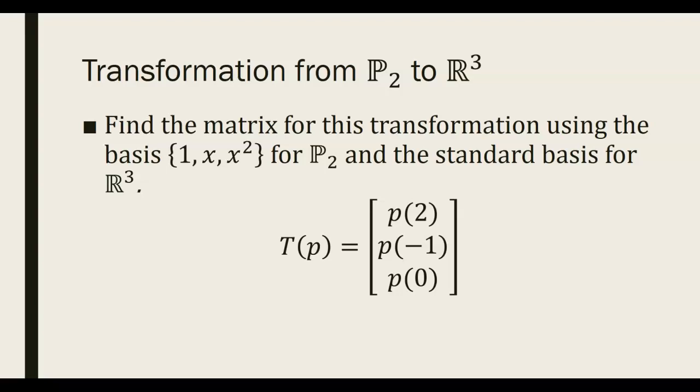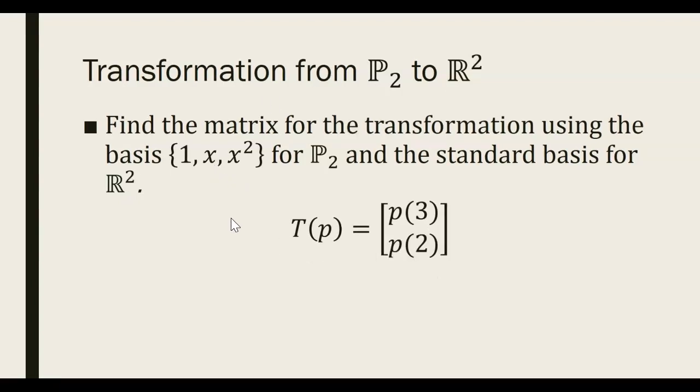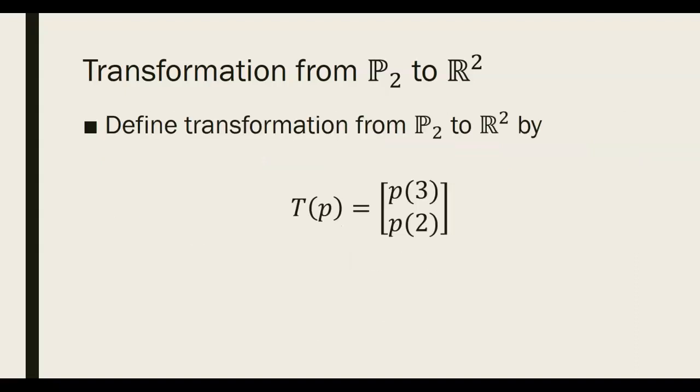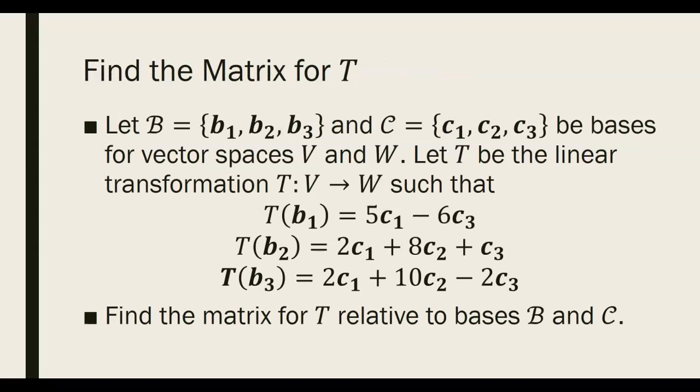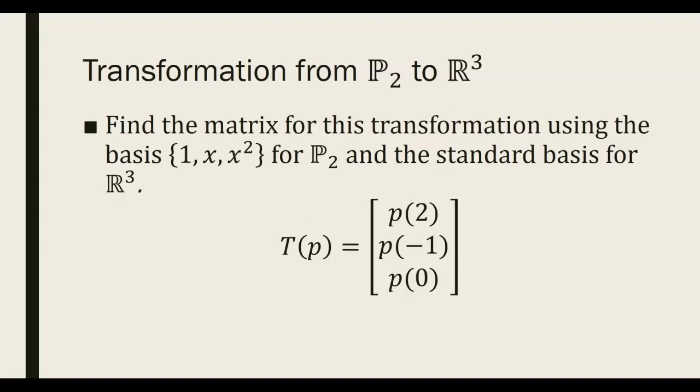Now for these first few examples, we've always gone from and to different vector spaces, like polynomials of degree 2 is a different vector space than R3, although there's a mapping back and forth. Or we went from polynomials of degree 2 to R2, those types of things. Or we went from some sort of arbitrary vector space to an arbitrary vector space. But what if the vector spaces are the same?